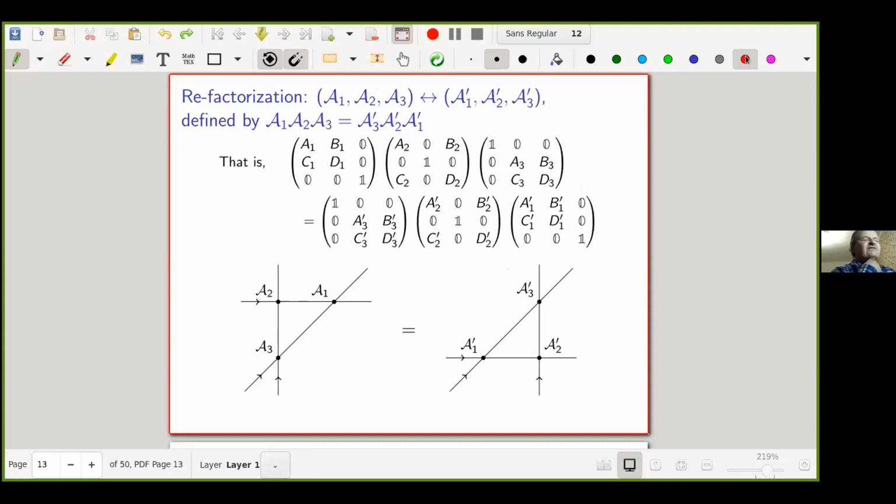Why is it solvable? Because you can look at this picture in the lower part of this screen.